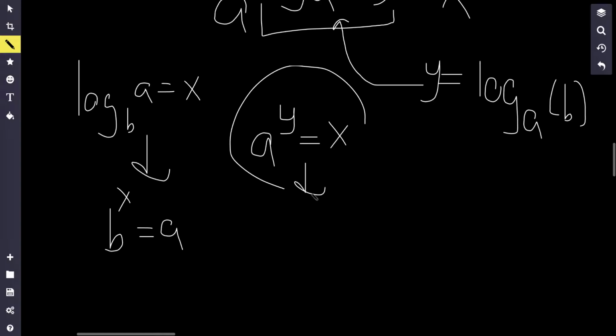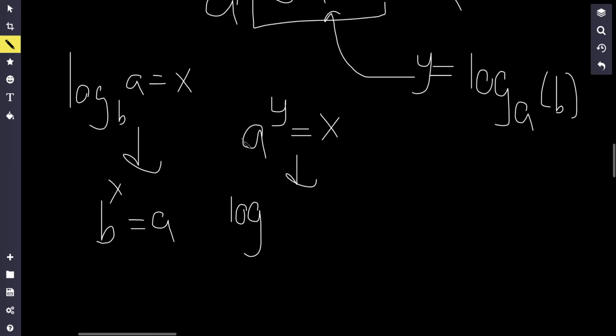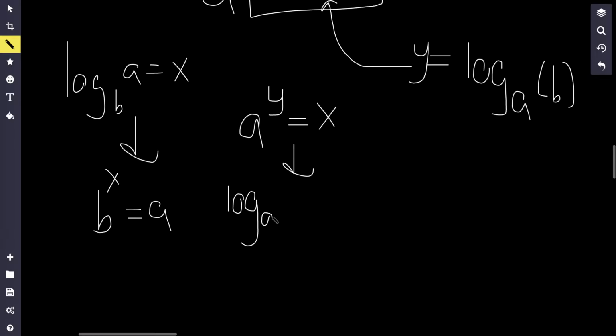We can take an exponential equation and turn it into a logarithmic equation. So how do we do this? Well, first we start out writing the log symbol. The base of the exponent becomes the base of the logarithm.